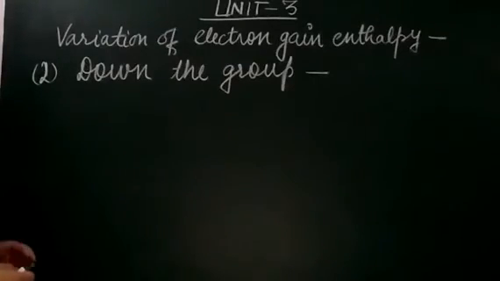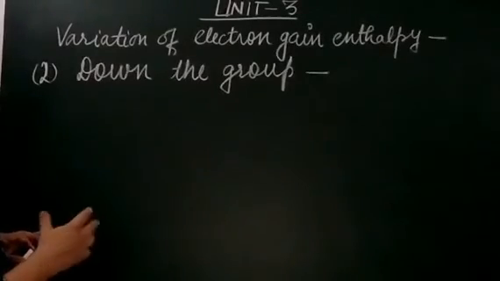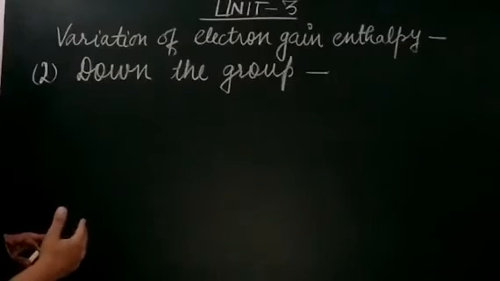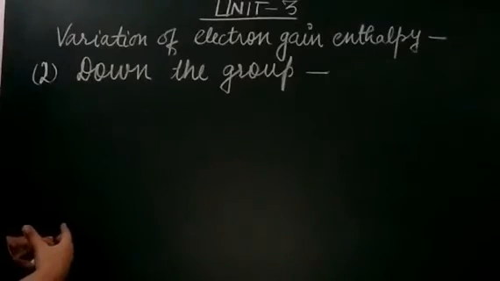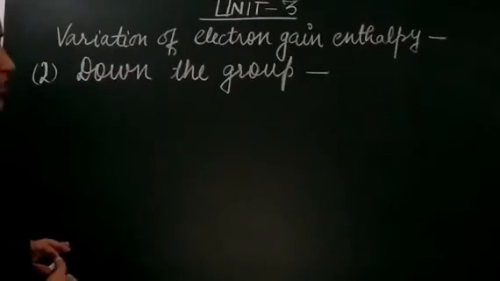So when we move down the group, the tendency of accepting the electron is going to decrease, as there will be less attraction for the additional electrons.